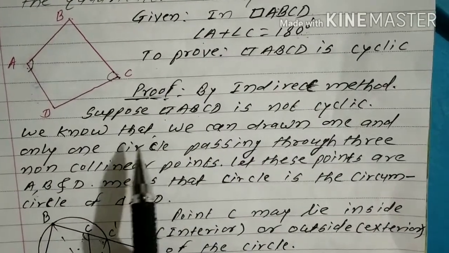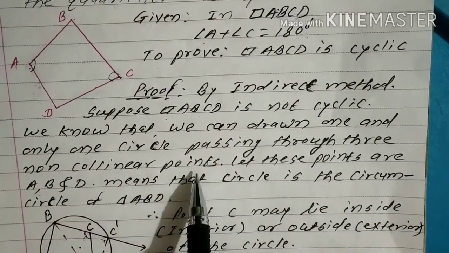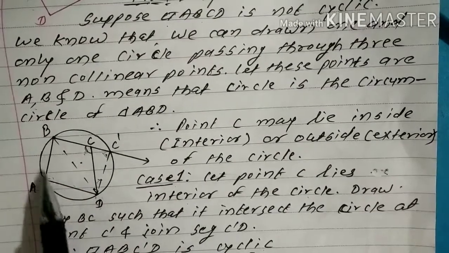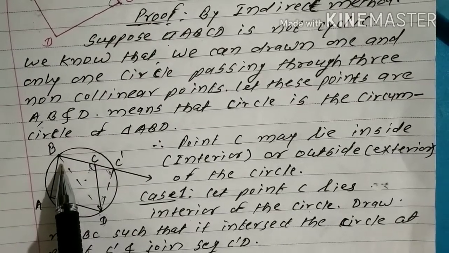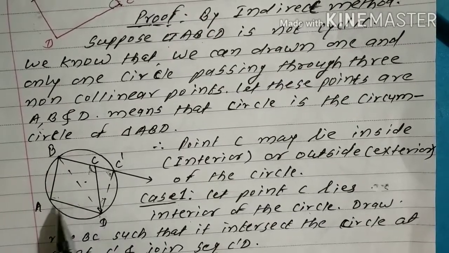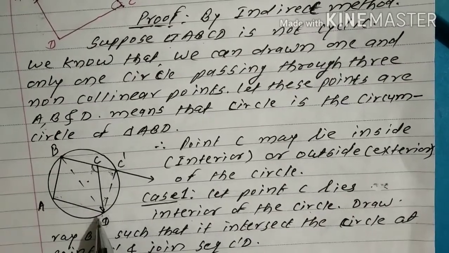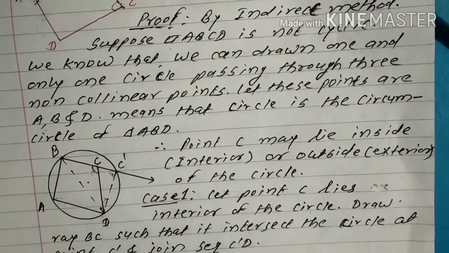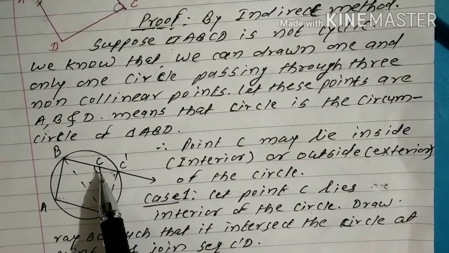We know that we can draw one and only one circle passing through three non-collinear points. Let these points be A, B, D. This circle is the circumcircle of triangle ABD, which means the circle is passing through the points A, B and D. Now, point C. Where is the point C?